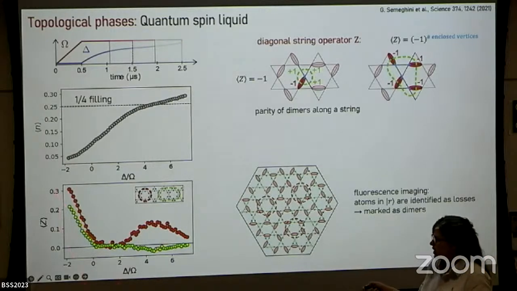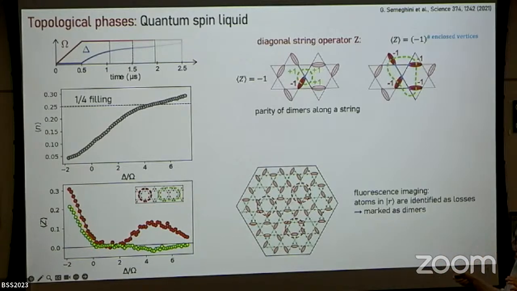So what we see is that for negative detunings, you have, so here we're measuring for two different loops that look like this. The red one encloses one, let's say, hexagon of the Kagome lattice, and the green one encloses two. So for both of them, we have a positive expectation value at negative detunings.